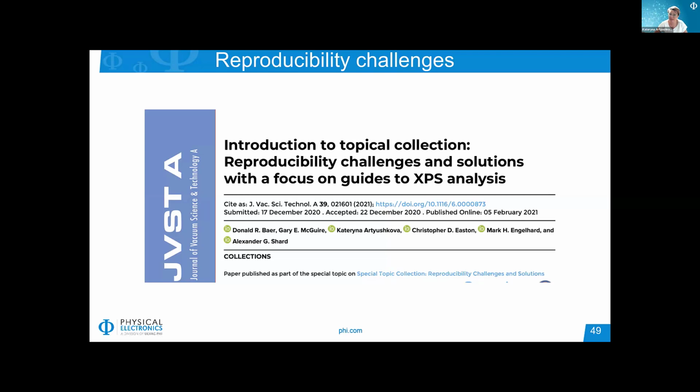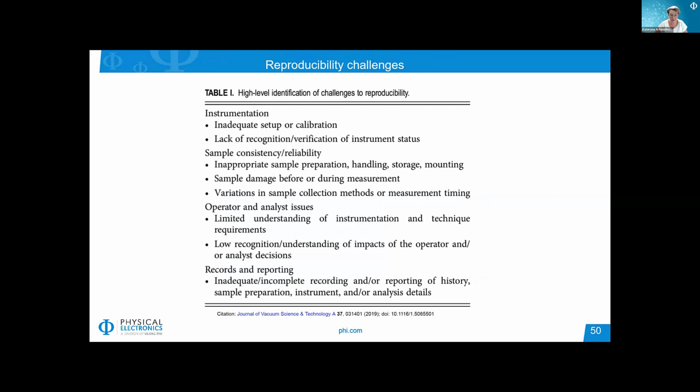This addresses many of the topics that I described today, charge correction, etc. And I'll show you all of the papers that are published as a table. It discusses high-level challenges: setup and calibration of the instrument, sample consistency, whether it's correctly handled, stored, and mounted, or it may be damaged.